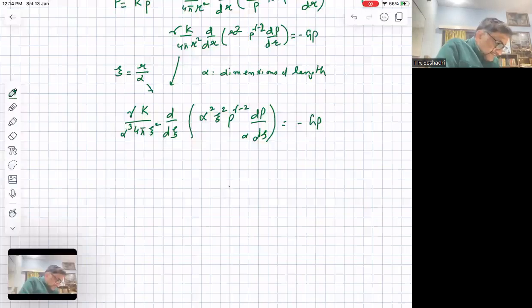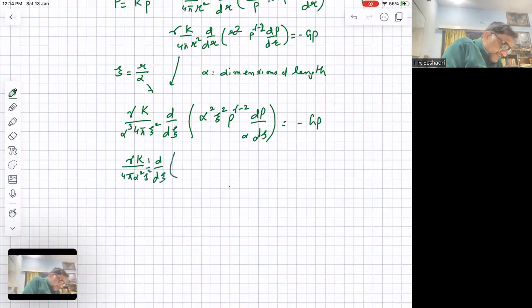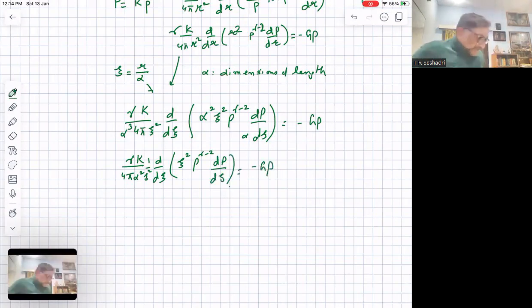And now what you see is, you have an alpha cube, an alpha square and an alpha. So I can rewrite this as 1 by 4 pi alpha square gamma K, 1 by xi square d by d xi of xi square rho gamma minus 2 d rho by d xi, equal to minus G rho. Are you with me?